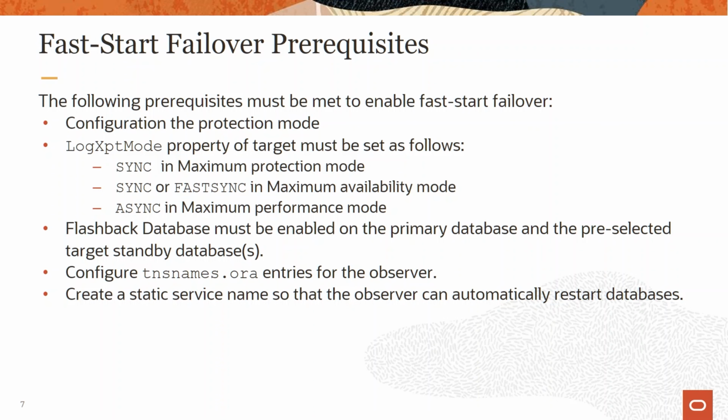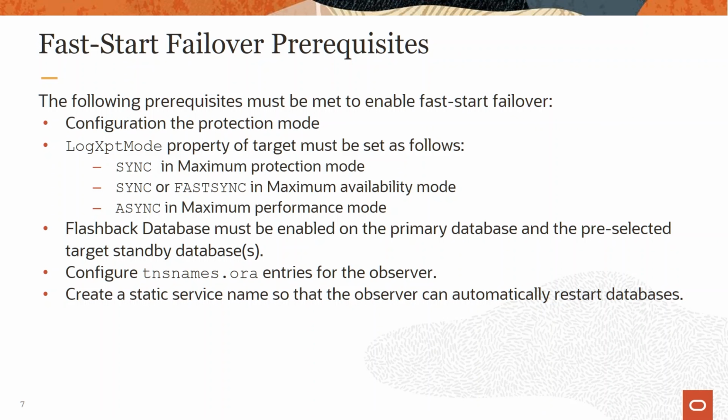And we had a discussion about this topic. Maximum protection requires synchronous redo transport service. For maximum availability, the minimum is fast sync, and you can also set it to sync. And for maximum performance, asynchronous redo transport mode is required. Actually, that's the minimum.